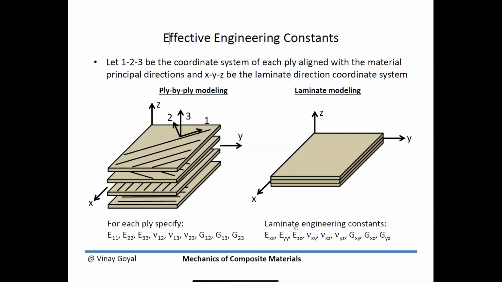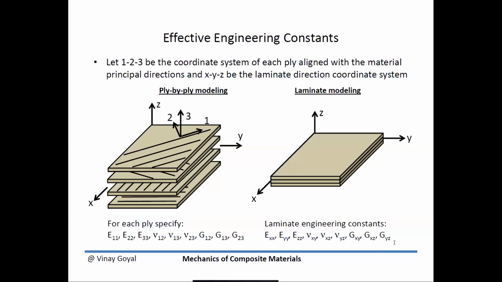That is the goal. So given the material properties at the ply level, can I come up with an effective set of constants that describes the overall behavior of a laminate model? Here I have to somehow come up with these 9 constants. There could be more, as will be discussed later.